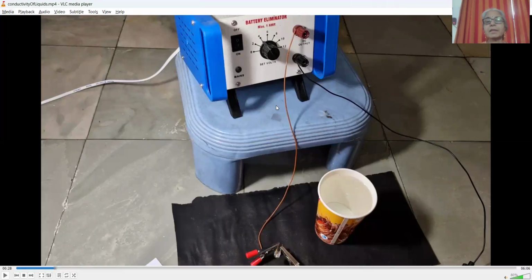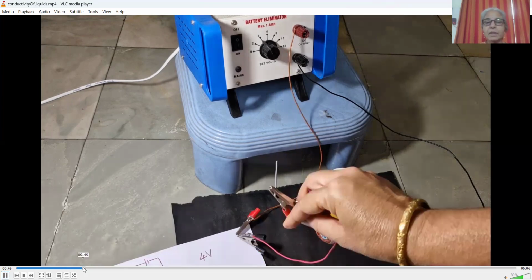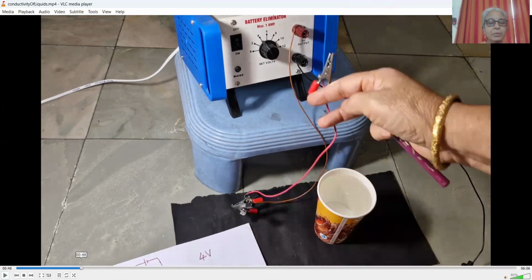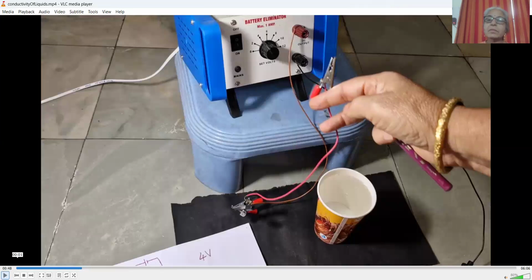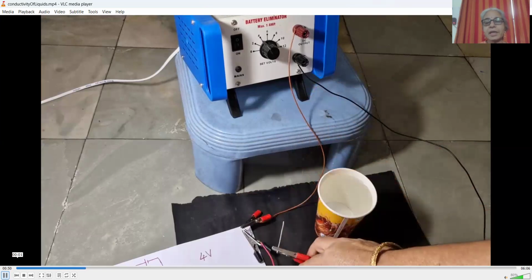I have connected the red terminal to the long terminal of the LED bulb, and the other terminal of the LED bulb has been connected to a wire that ends in an aluminium wire.